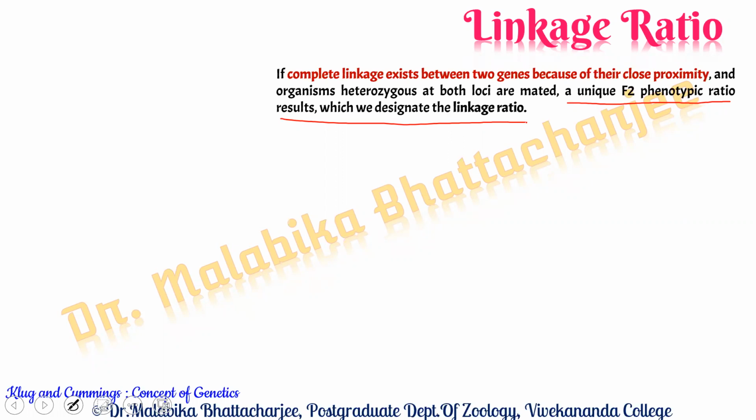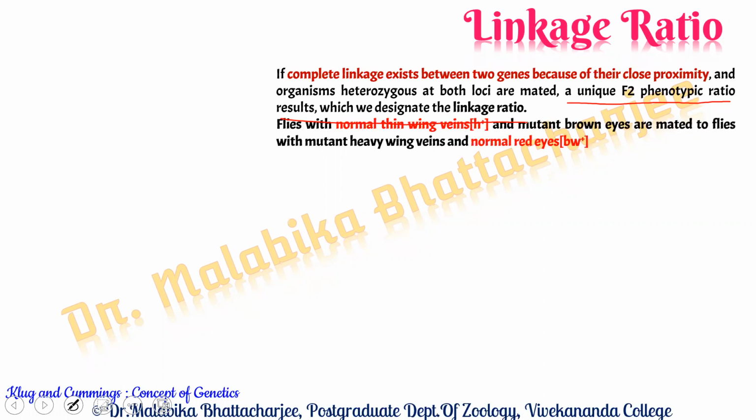So let us illustrate this phenomenon with an example. The example is that of Drosophila. Here, two flies are taken. The two genes in consideration are H, which results in heavy wing veins, and BW, the eye color gene, which results in brown eyes.